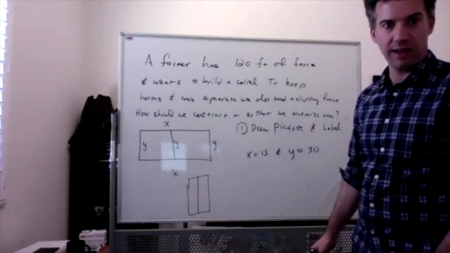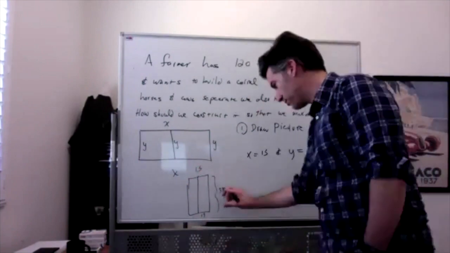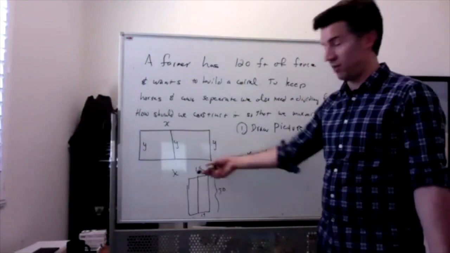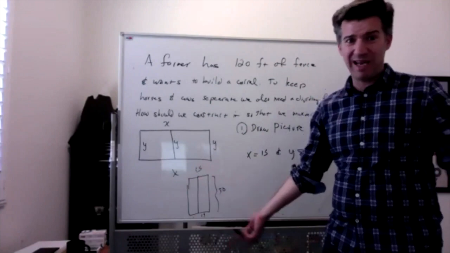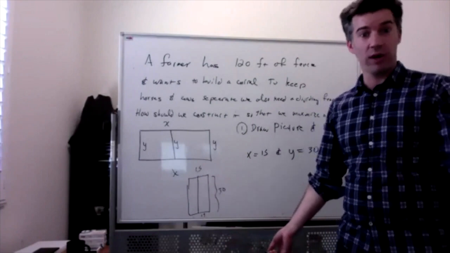And the area of that corral would be 30 times 15, which is 450. But the problem is, how do I know if that's the maximum? Maybe there's a different configuration which gives us more area.